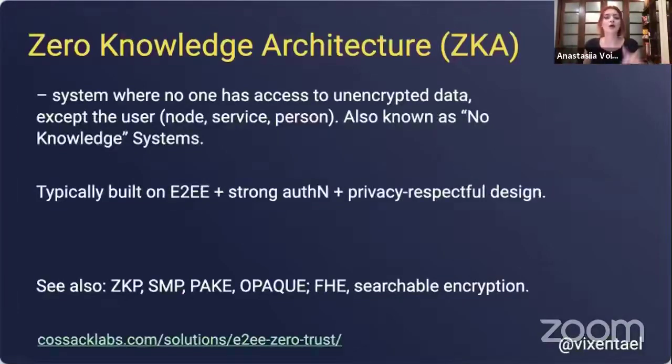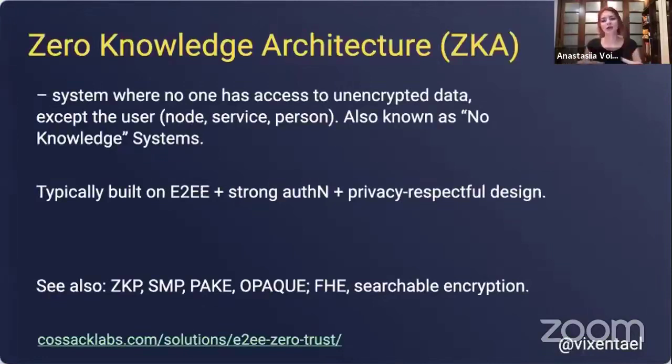It's just binary. What helps us build zero knowledge architectures is, of course, end-to-end encryption and authentication, and different nice cryptographic techniques that allow you to compare data without actually revealing it. All the protocols I mentioned previously: zero knowledge proof protocols, interactive, non-interactive, password protocols like PAKE, PACE, and OPAQUE, and new cryptographic approaches like homomorphic encryption, fully homomorphic encryption, or searchable encryption.